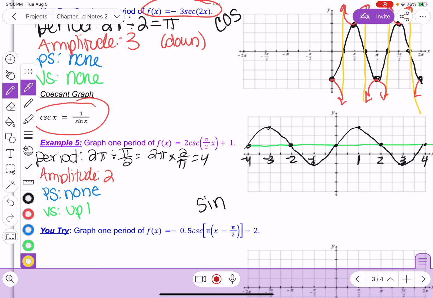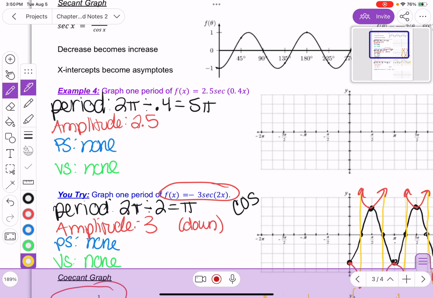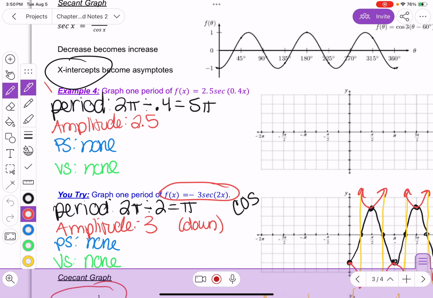Intercepts, when you're on this, it's intercepts with the midline that become the asymptotes. So it's not necessarily x-intercepts, it's intercepts with the midline. Midline intercepts.